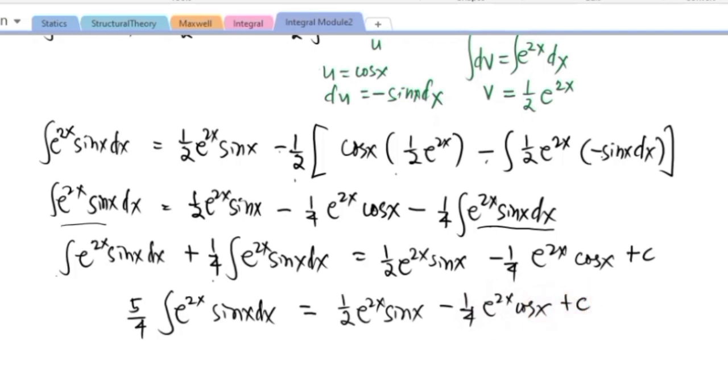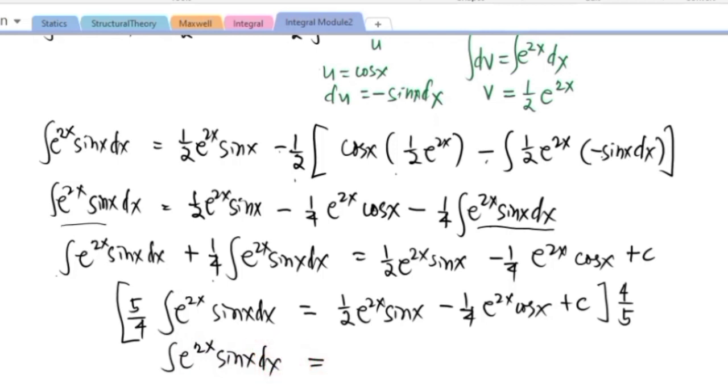So what we are going to do is to multiply the reciprocal of 5/4 both side ng equation para mawala na siya dun sa left side ng equation. So we multiply 4/5. So yung left side ng equation natin would be e to the 2x sine x dx.